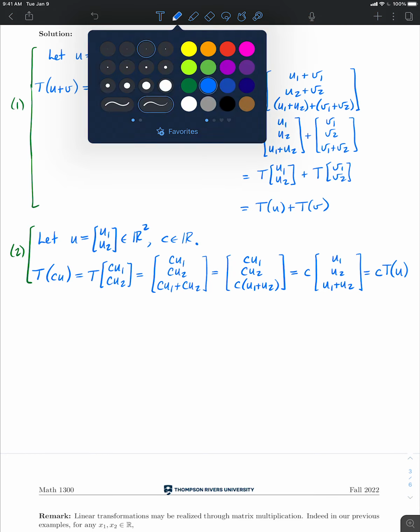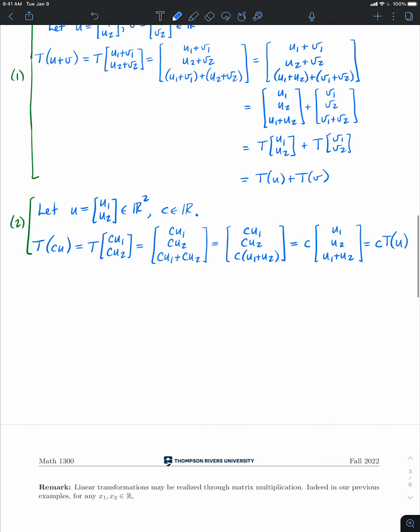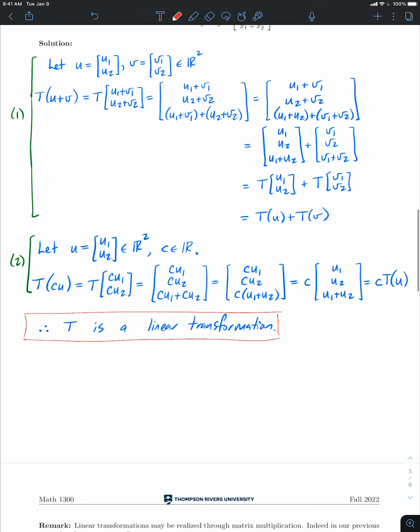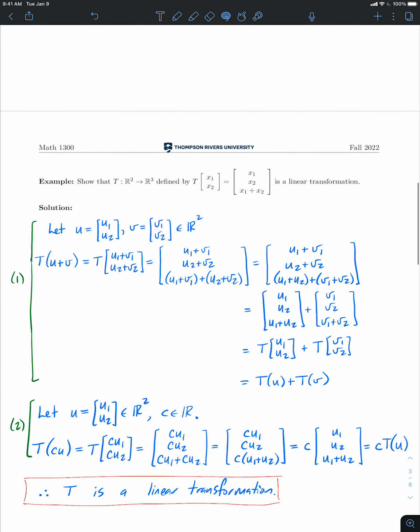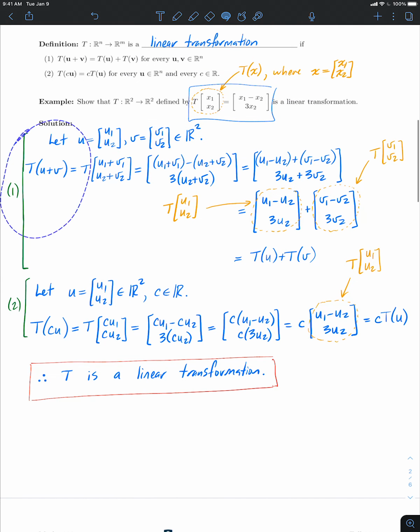So now we can draw our conclusion and say, therefore, t is a linear transformation. And if you see these two examples back to back, I went a bit quicker through this one, but if you compare them, you'll see that they have the same format. There are those two main steps: verifying condition 1, verifying condition 2.